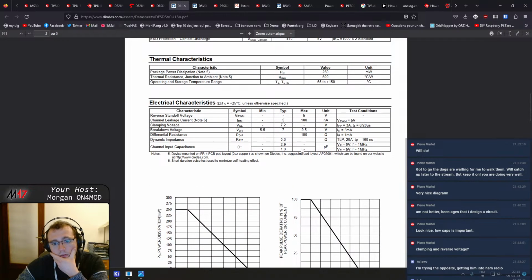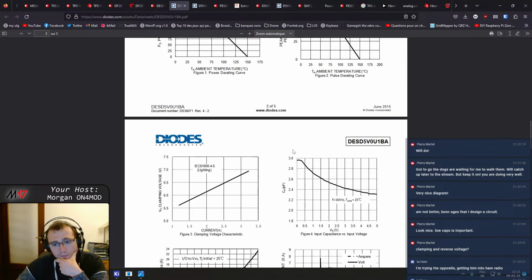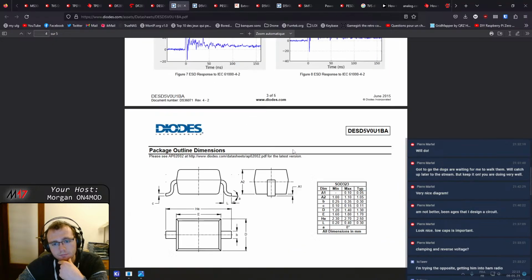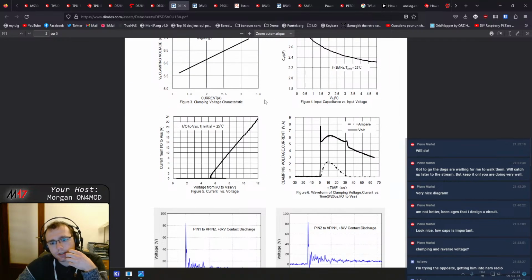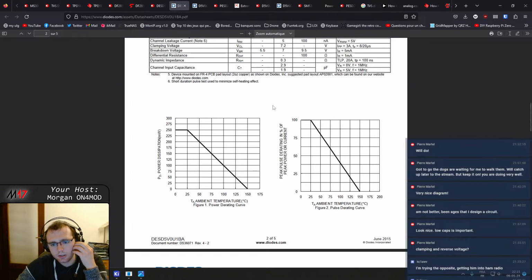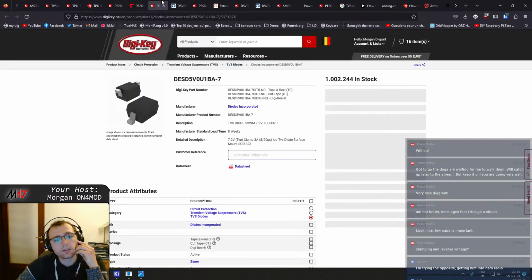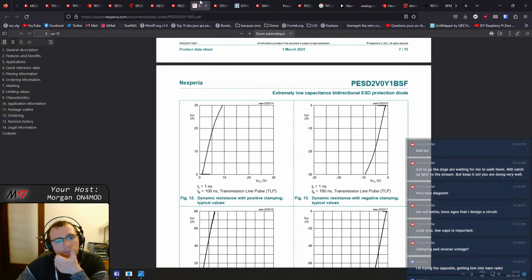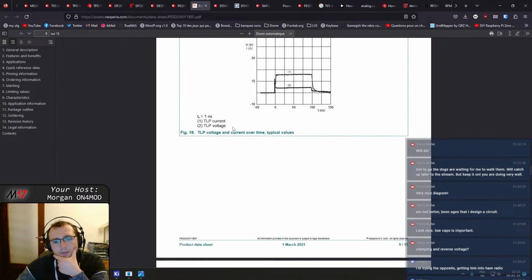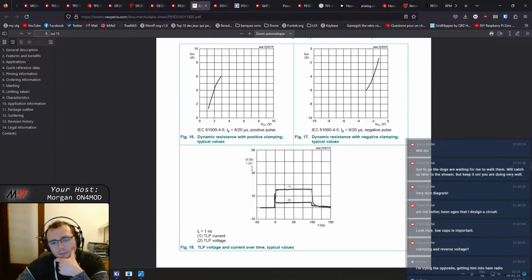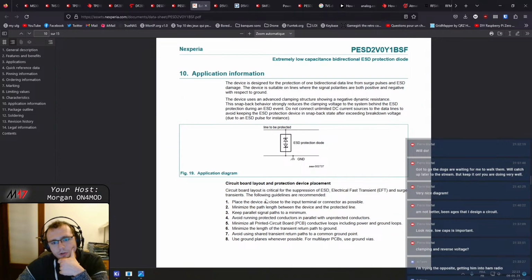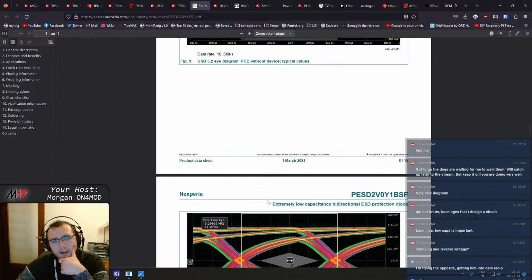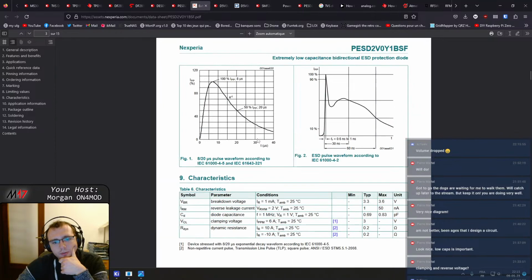So, do they have? Yeah, okay. They don't have any S11 diagram. So let's just consider that if they don't give an S11 diagram, then maybe it's not really made for high-speed signals.